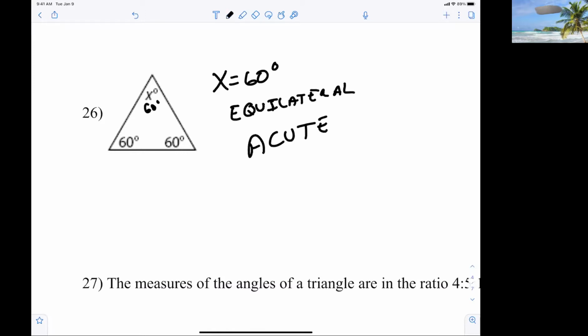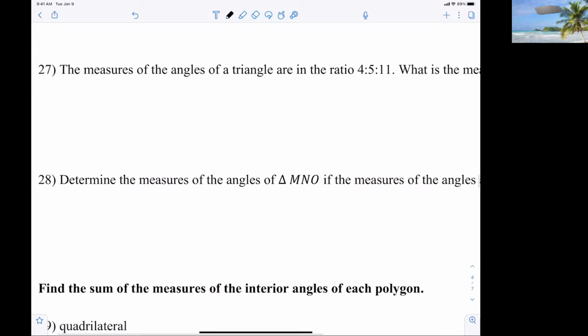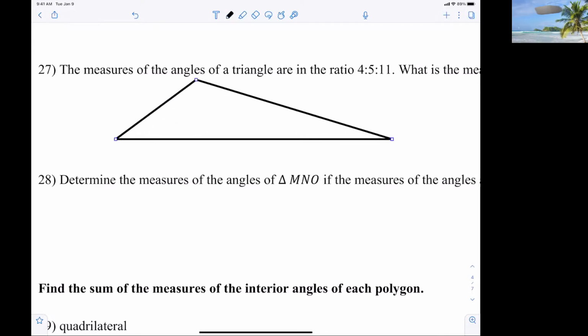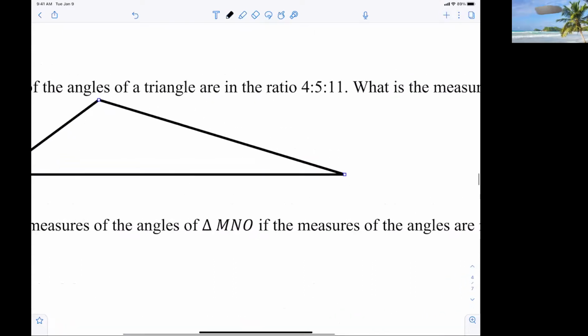All right, Zeb, tell me about 27. The measures of the angles of a triangle are in the ratio of 4, 5, and 11. Remember how to do this? No. So I'm going to draw a triangle. And the angles, instead of doing 4, 5, and 11, here's what I want everybody to write down. If something's proportional, we say it's 4x to 5x to 11x. That's what I want you to remember.